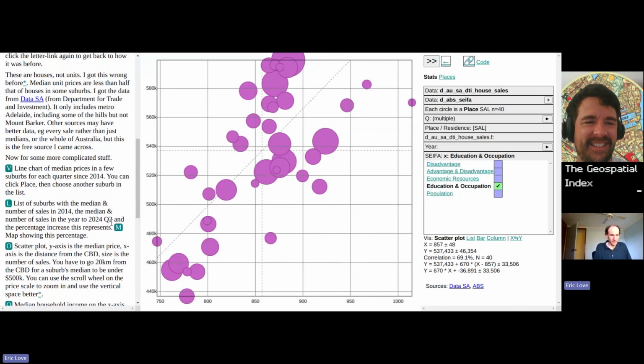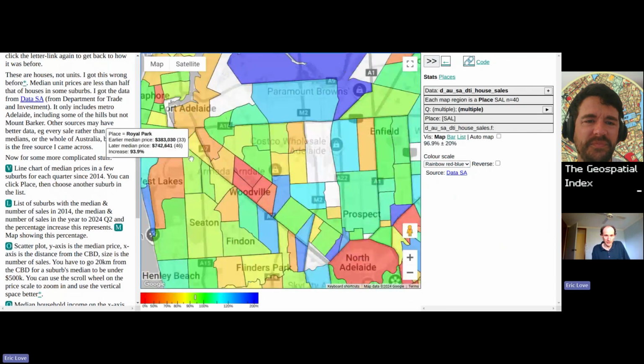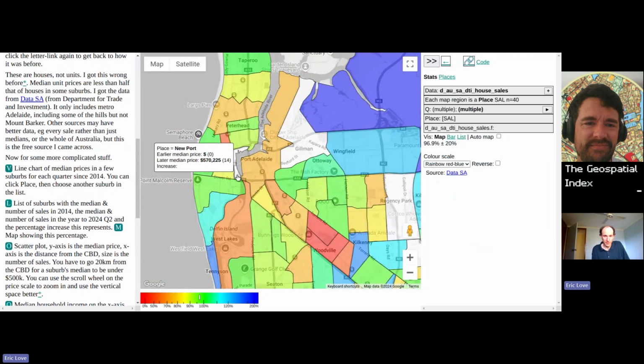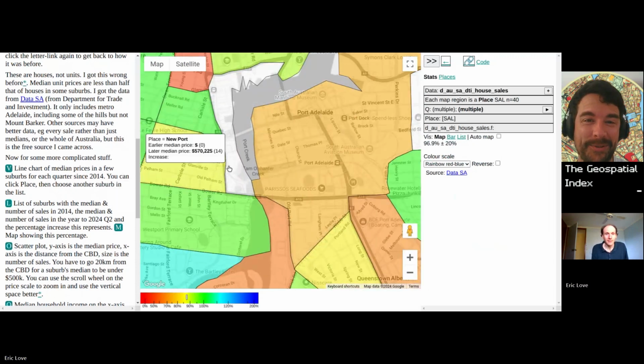Okay, so let's hop back to the map, and so Newport is here. There we go. Funnily enough, I remember myself in my own efforts to find a place to live.